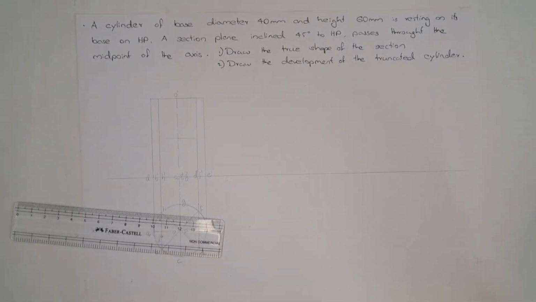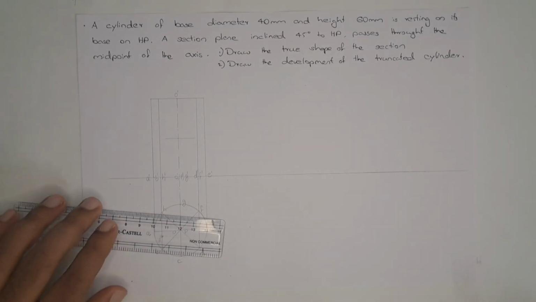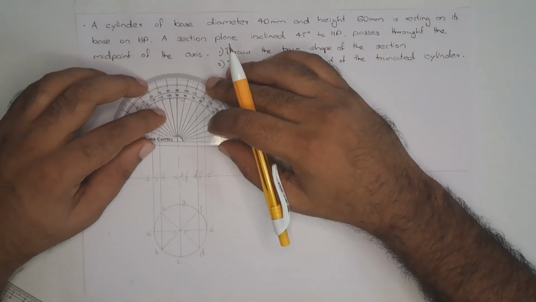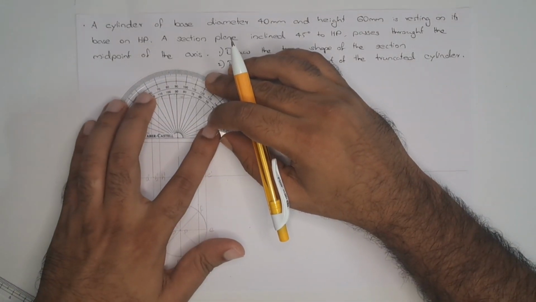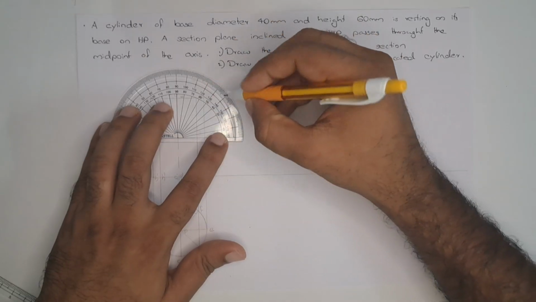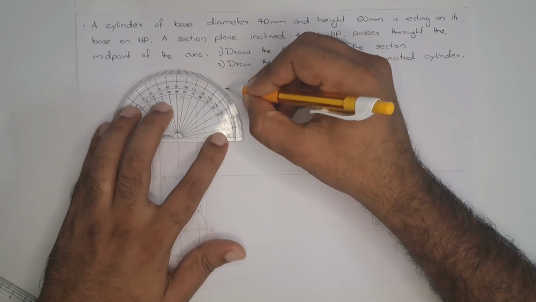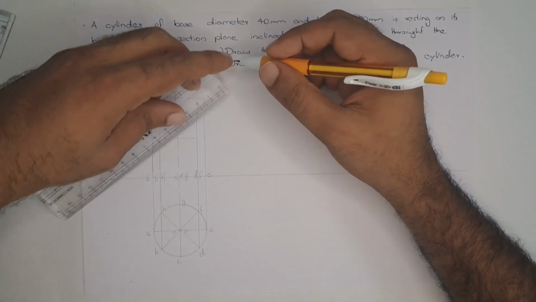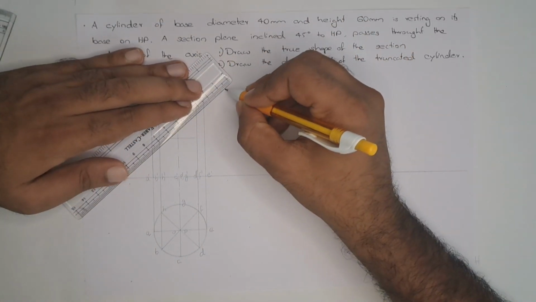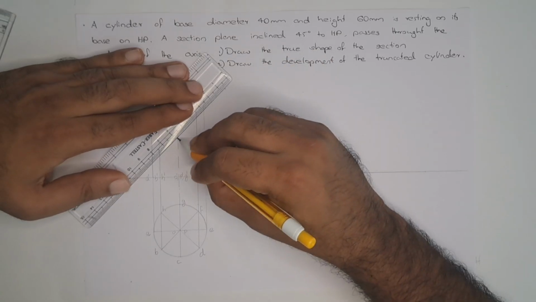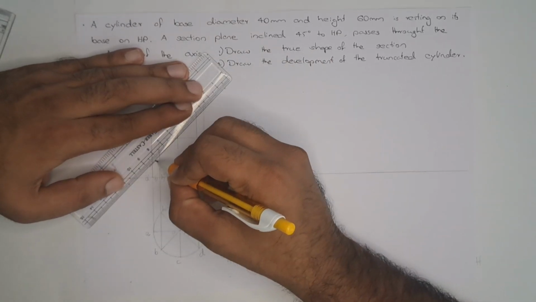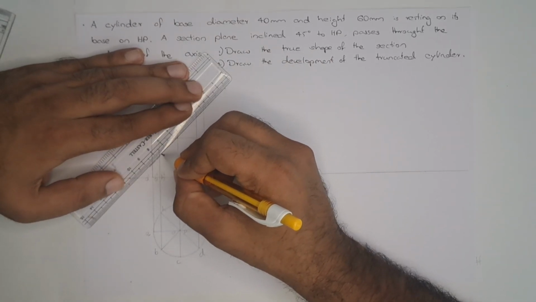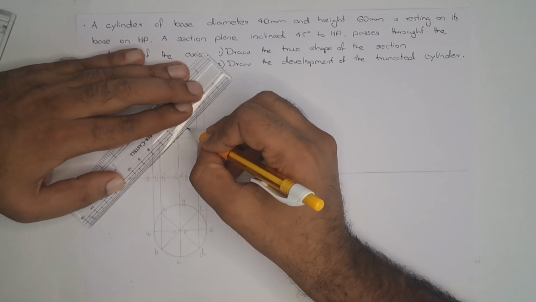Now we need to take 45 degrees. From this point it passes through the midpoint of the axis. We need to draw the section plane.